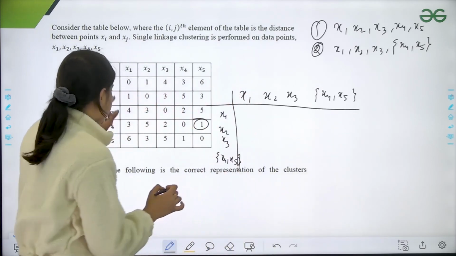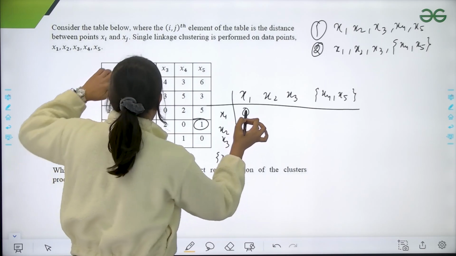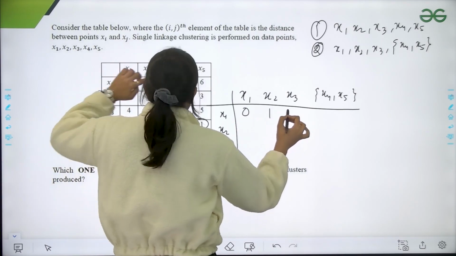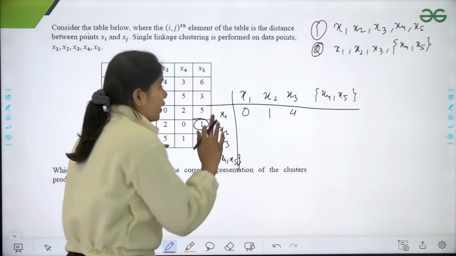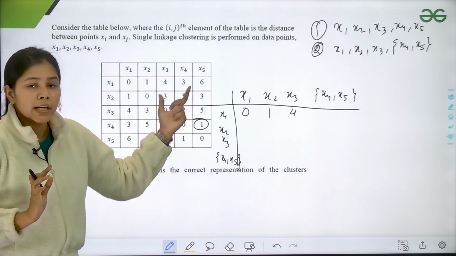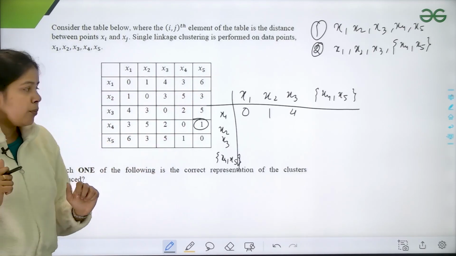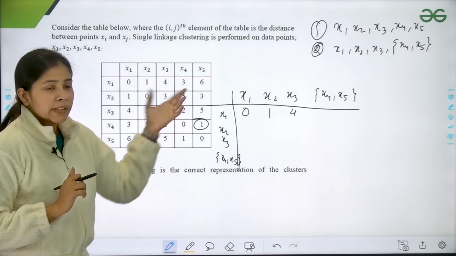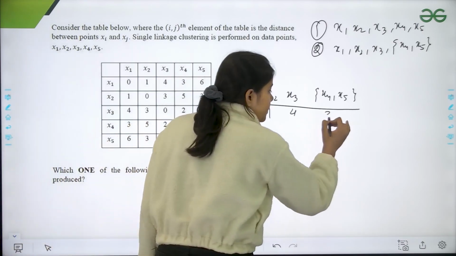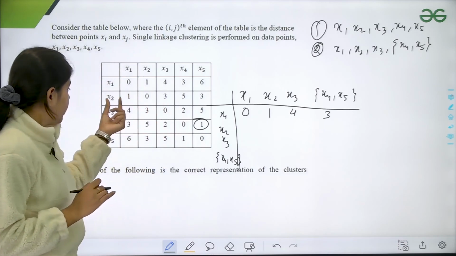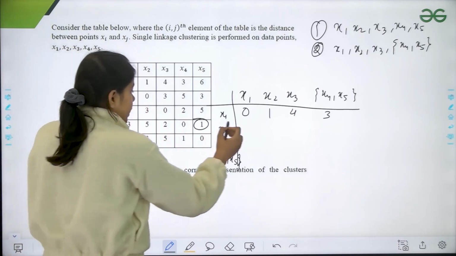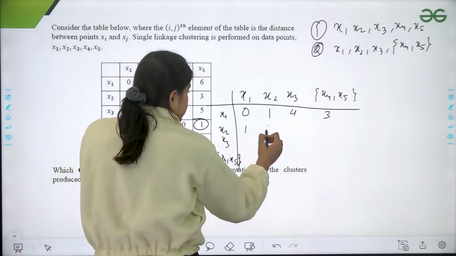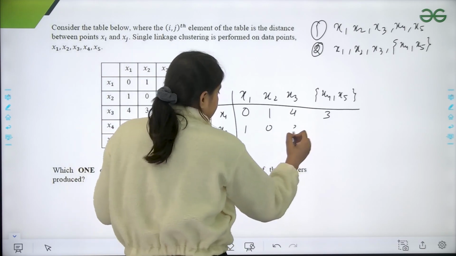So x1 with x1 is 0 and x1 with x2 is 1. x1 with x3 is 4. Now I have to find the distance of x1 with x4 and x5. So I know that I have to take the minimum distance. So x1 distance with x4 is 3, x1 distance with x5 is 6. So I'll take 3. Right? Now, next is x2 distance with x1, that is 1. x2 distance with x2 is 0. x2 distance with x3 is 4.